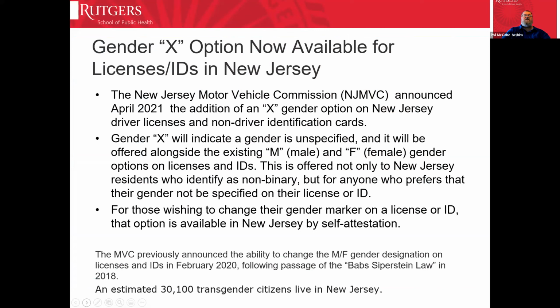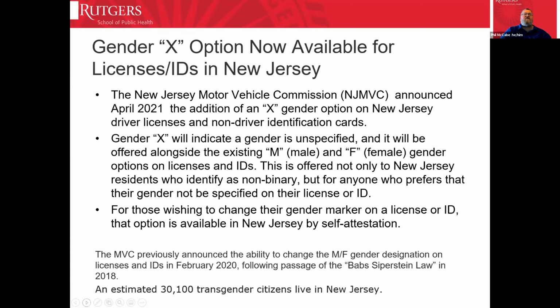Our state is ahead of the curve in many ways. In April of this year, the New Jersey Motor Vehicle Commission announced the addition of X as a gender option. Often a driver's license was listed as either male or female.